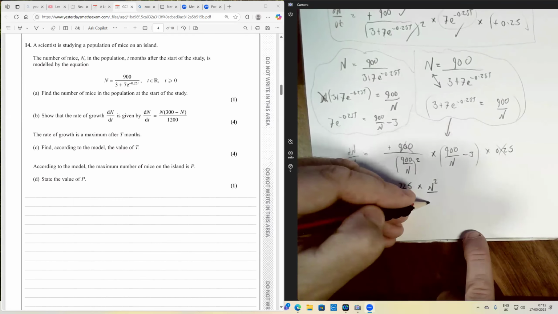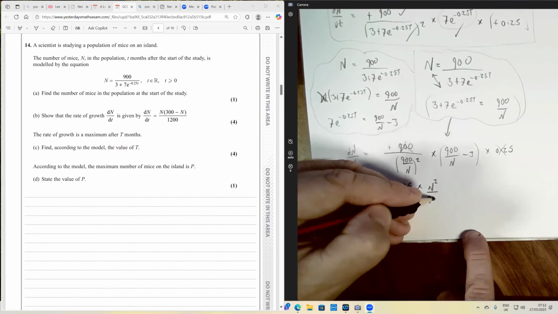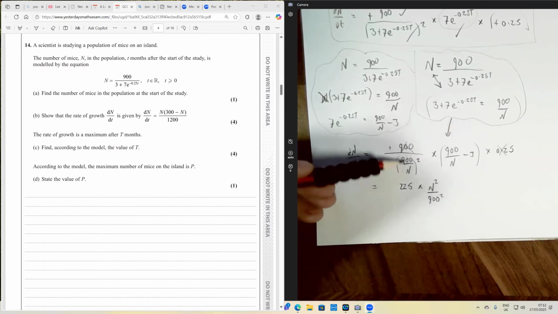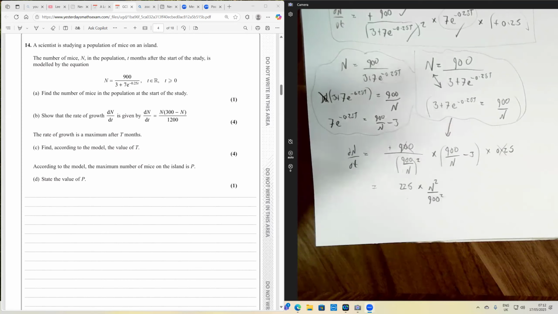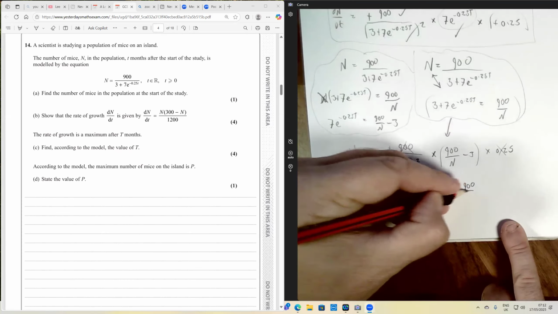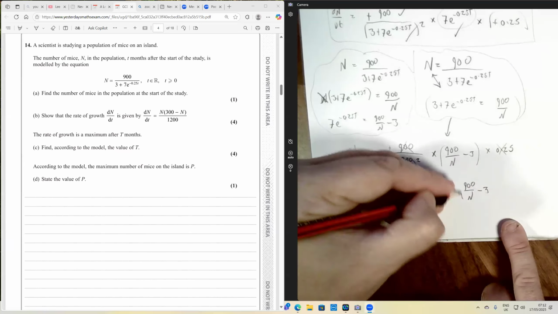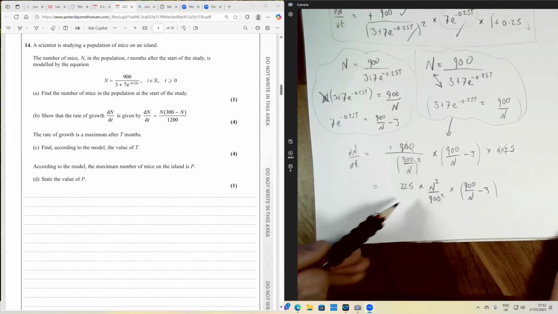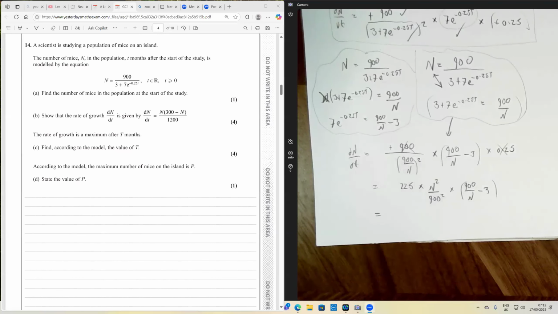And then dividing by a fraction is the same as timesing by its reciprocal. So that's the same as 900 over n squared, rather over 900 squared. So I've just taken the reciprocal of that, because dividing by a fraction is the same as timesing by its reciprocal. And I'm now timesing by 900 over n minus 3. Okay, let's see what this 225 over 900 squared is.